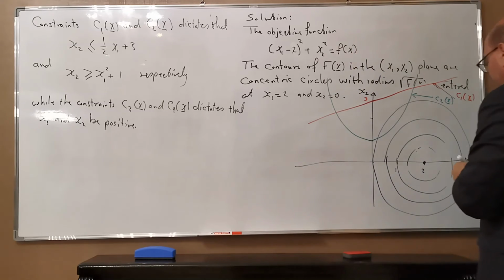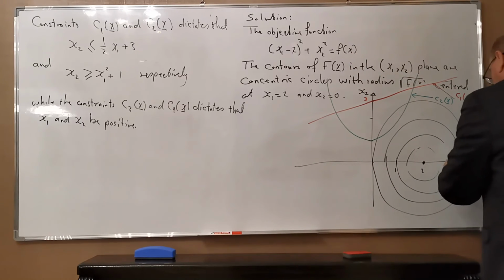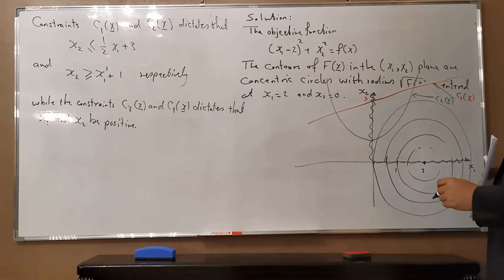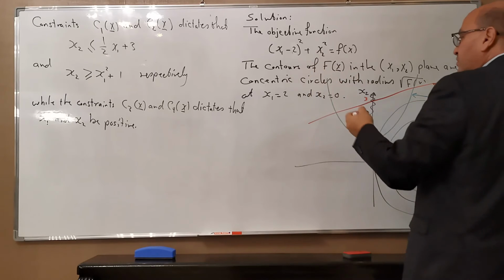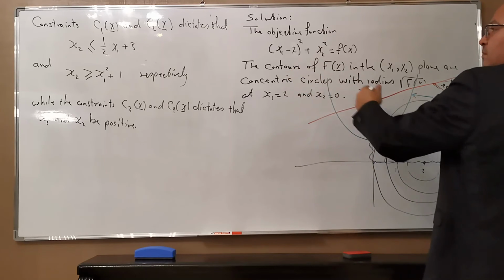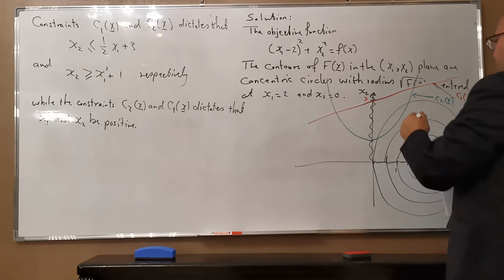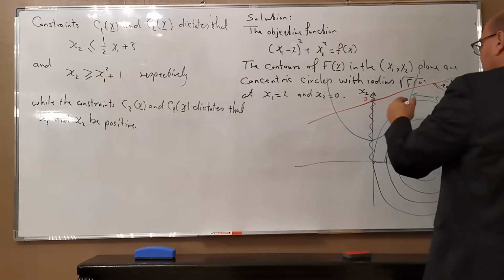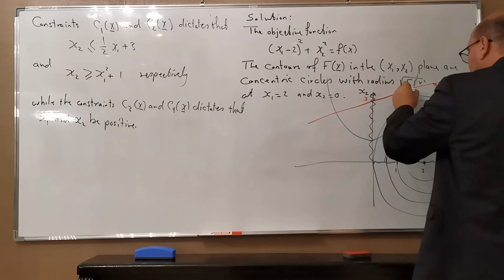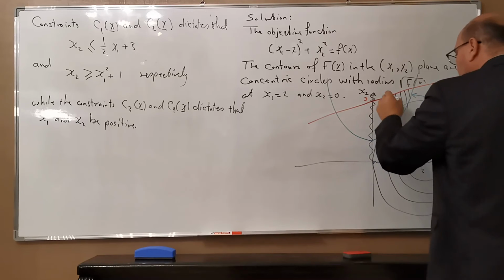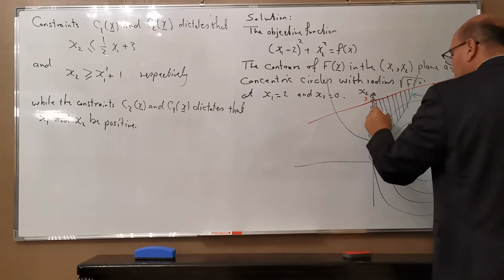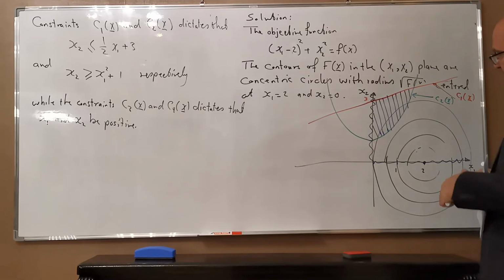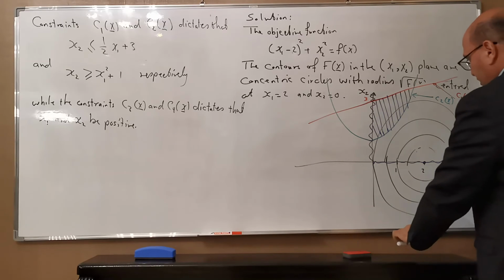Now, for all those inequalities, the first one says that x2 is less than, so we have it below the red line. The other one is x2 is greater than, so this shaded area is our potential solution, or our feasible region.